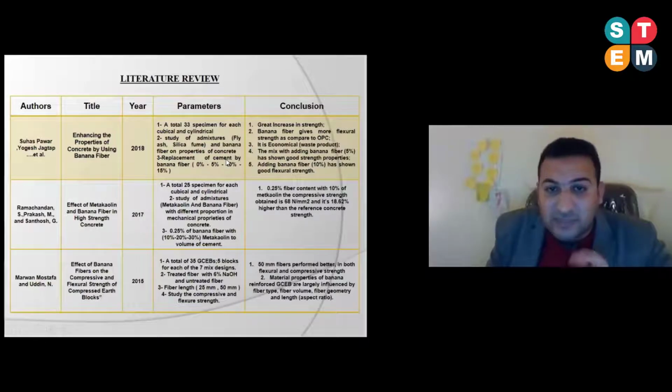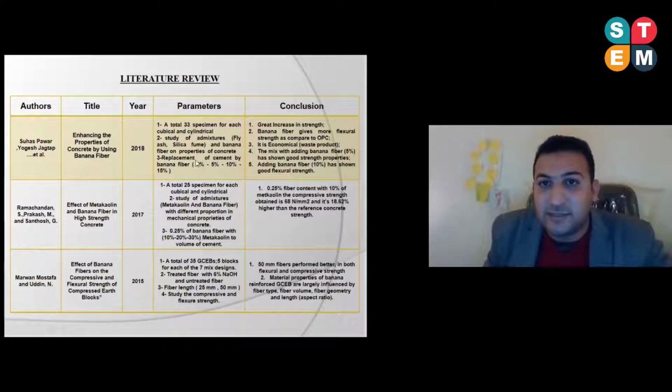The replacement of the cement by banana fiber was 0, 5, 10 and 15%. The conclusion is a great increase in the strength. Banana fiber gives more flexure strength compared to plain concrete, and it is economical since we can use waste material replacing the synthetic material. Adding banana fiber at 10% gives a good flexure strength.